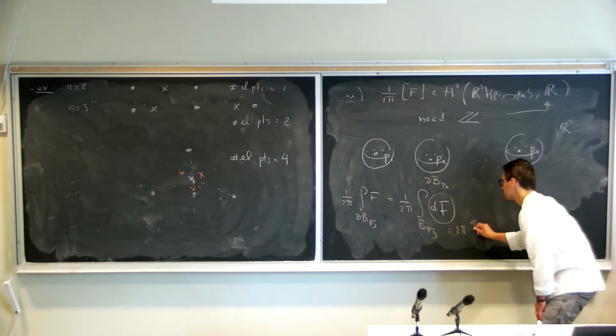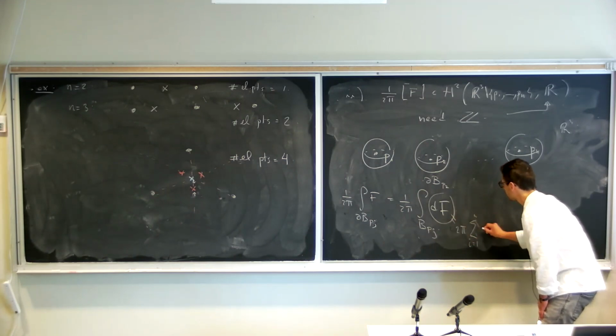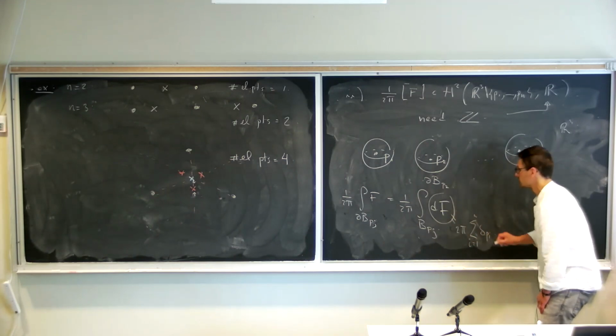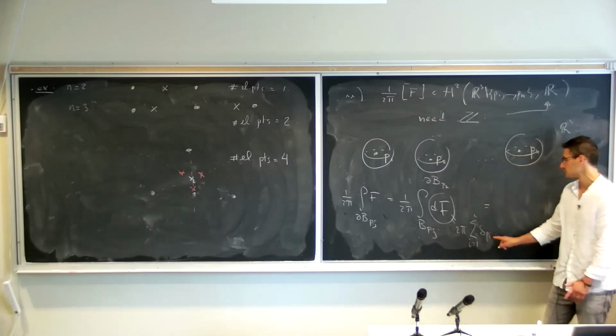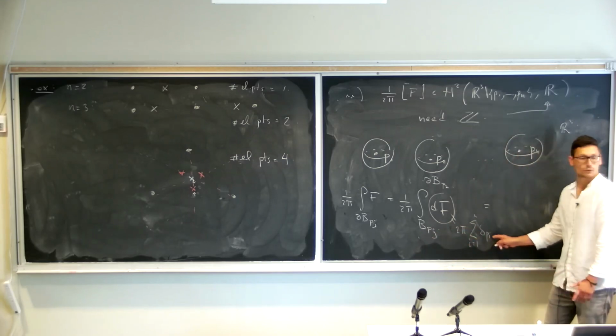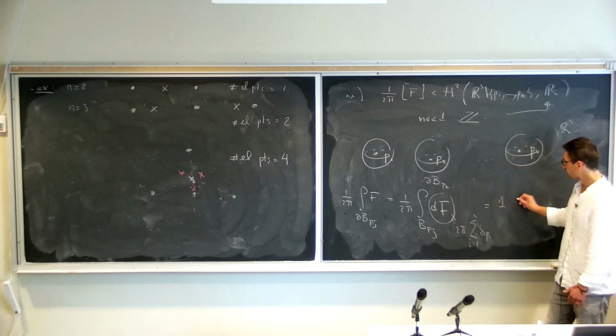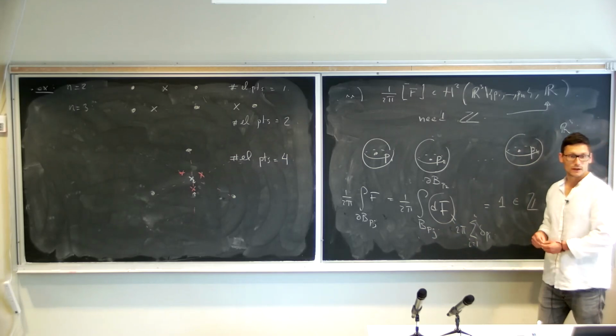2 pi, the sum from i equal 1 up to n of the delta pi's. So basically, this will just give 0 anytime j is different from i, and will give you 1 when j is equal to i. So you get 1. And of course, 1 is an integer. Okay?